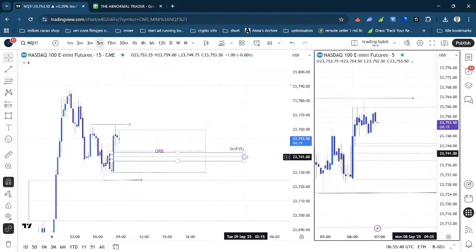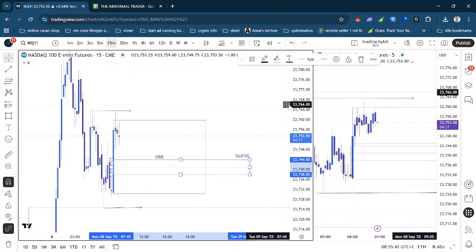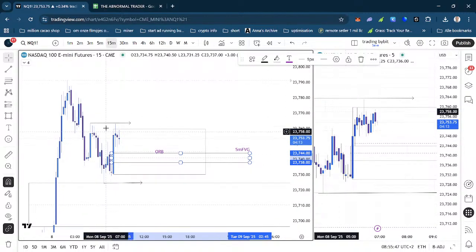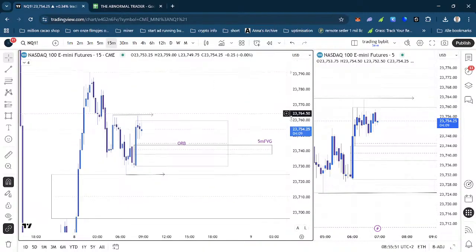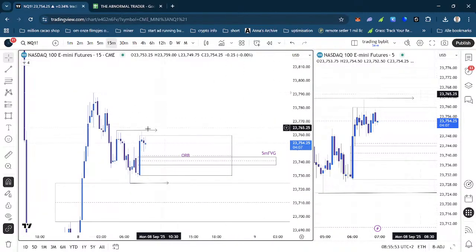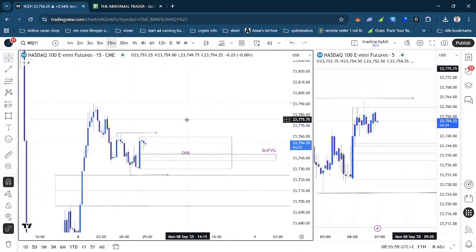We still had that 5-minute fair value gap right here. And this does not look like it wants to do anything at this point. Just sit here and be patient. It's up to you if you put in your plan that you have, again, after 9 to 9:15, and you can trade that before. If you haven't traded yet and you said, okay, I can take at least a trade, and this happened and this plays out, you can take that one too then.